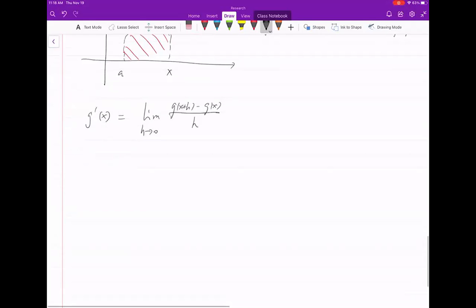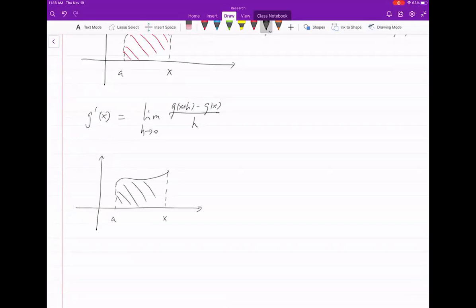Okay. But now, you know how to draw it. What is Gx? This is Gx. What is G of X plus H? This is G of x plus H, all the way from A to X plus H.